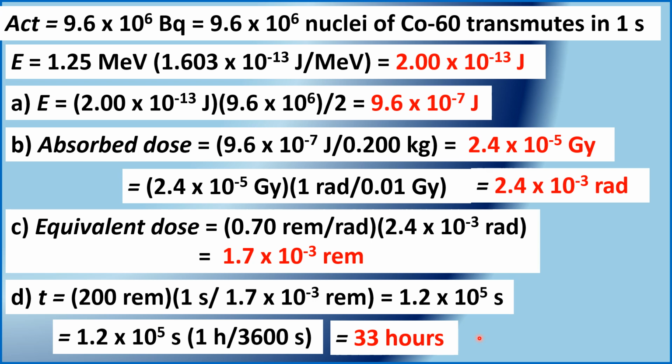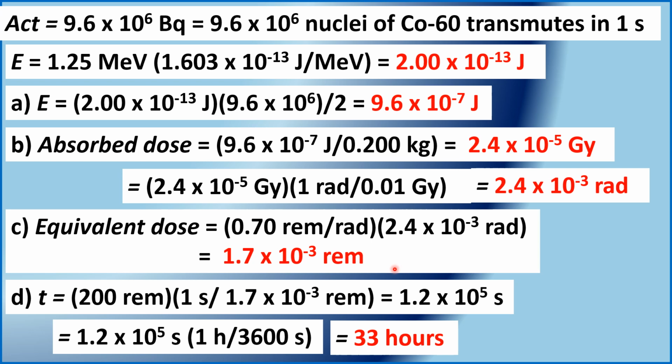So in other words, in using this treatment of cancer, gamma radiation, the equivalent dose that we calculated here, 1.7 raised to negative 3 rem, is the amount of equivalent dose in 1 second.